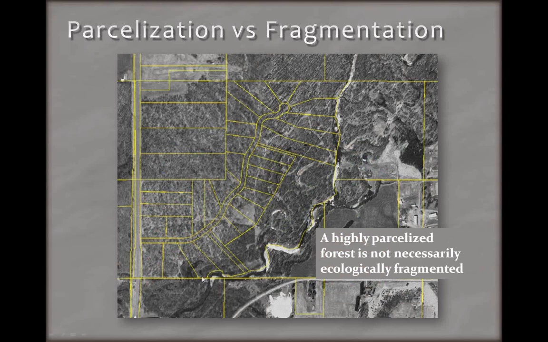And so again, one would argue that this is a highly parcelized forest, but it's not necessarily fragmented. What we're trying to show here is that you don't necessarily have fragmentation when you have parcelization. And we're finding that a lot of rural areas aren't really growing in terms of population, but they are growing in terms of the number of parcels being carved out.